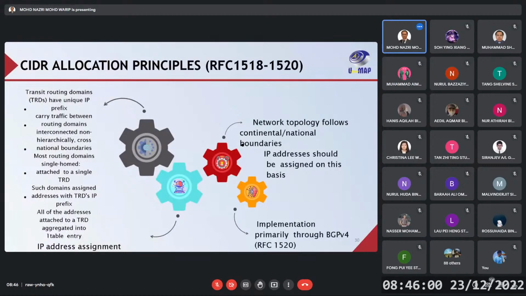For example, for Malaysia with BGP version 4, they have an autonomous system, AS. An autonomous system is like their address. Thailand has their AS. Indonesia has an AS. Egypt, maybe Yemen, they have their own AS.